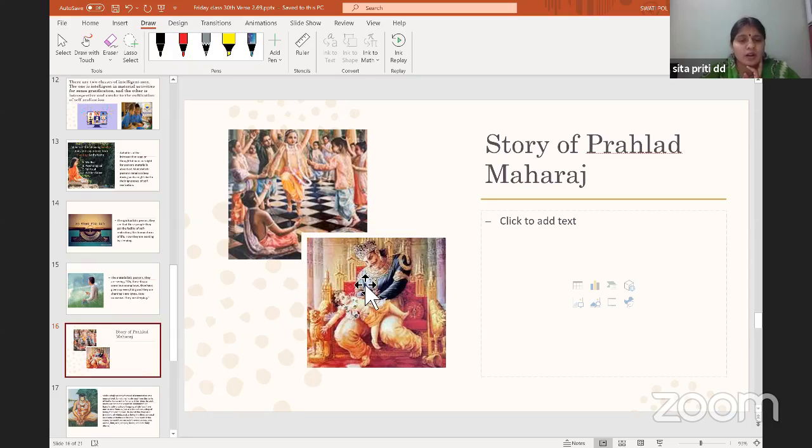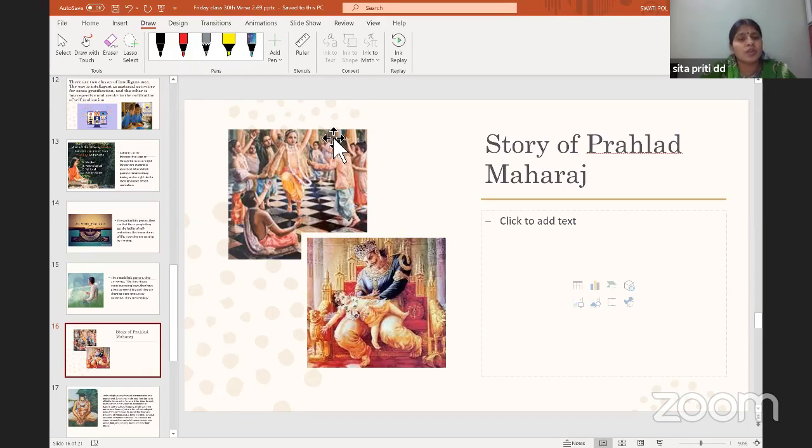And then Prahlad Maharaj, see, though he was so young, he was so absorbed in the service of the Lord. And see, what is the characteristic of a devotee? He himself does not enjoy, he lets everyone enjoy. Prahlad Maharaj used to take all the kids around with him, and he used to chant the holy names and tell the stories of the Lord.